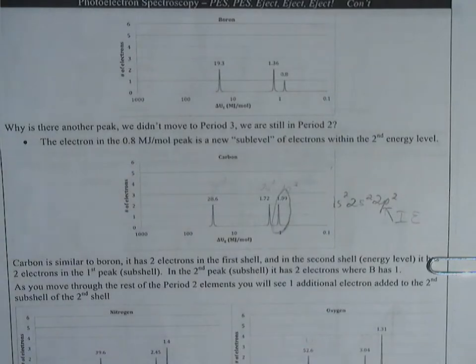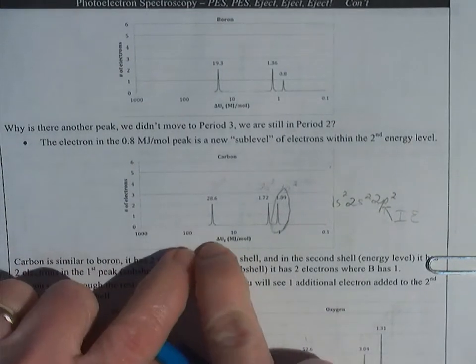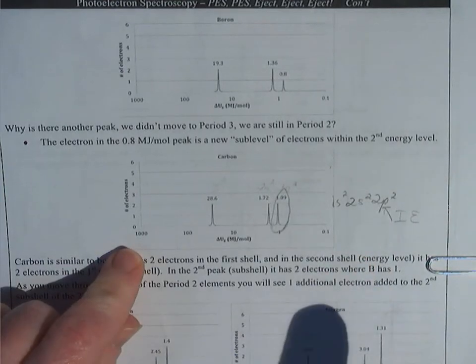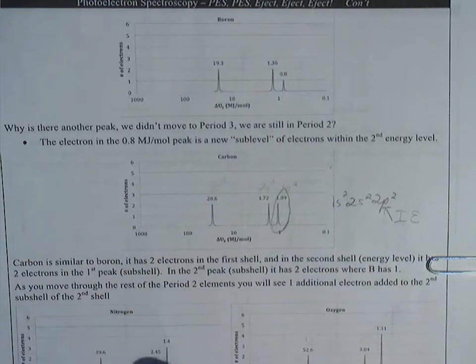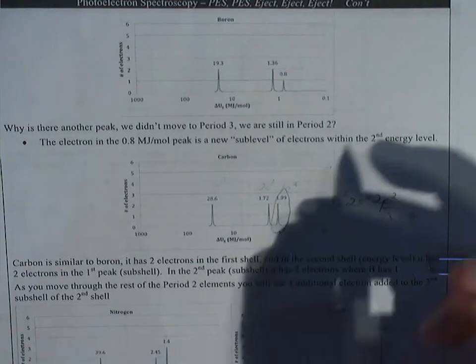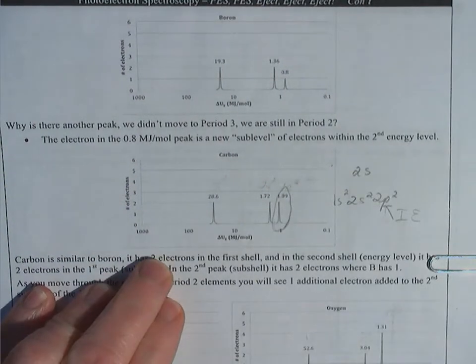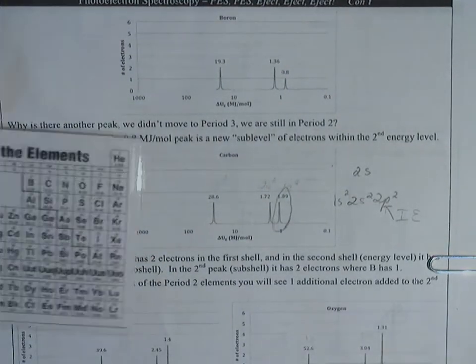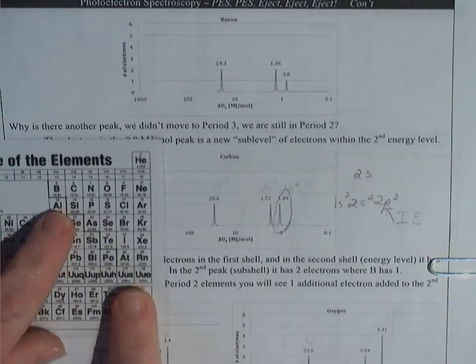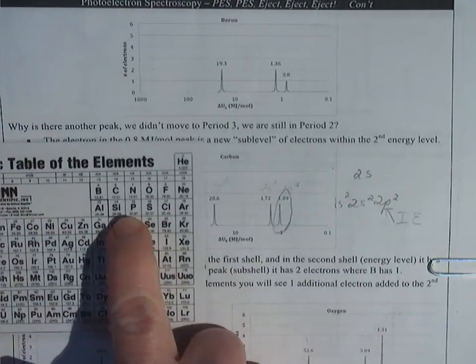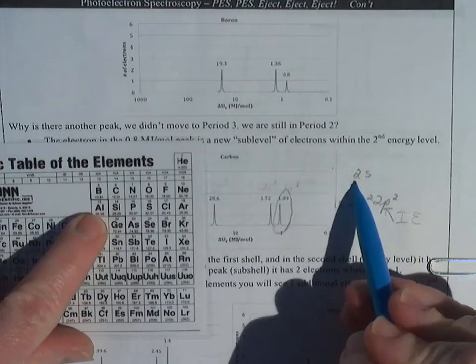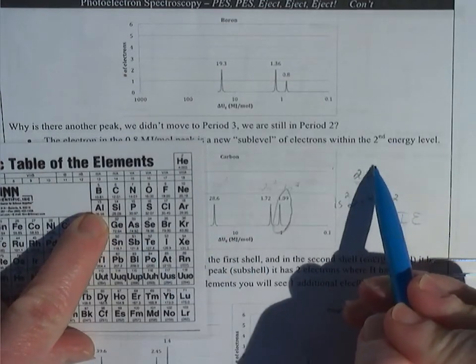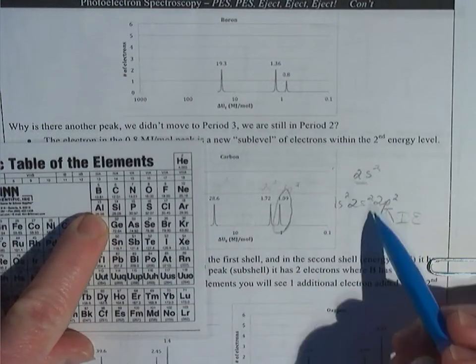The only other thing is they could possibly ask you, if given a PES spectrum, to draw where, let's say, the 2s peak for silicon would be. Well, the 2s peak of silicon still has 2 electrons. It's going to be just as high.